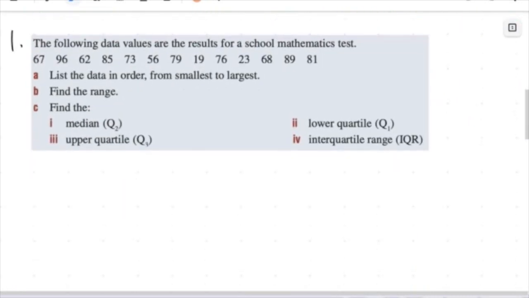Now, we have here the following data values, the results for a school mathematics test. In these particular values, this first question looks at an odd number of data values.